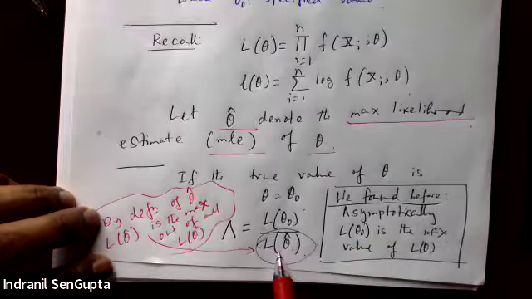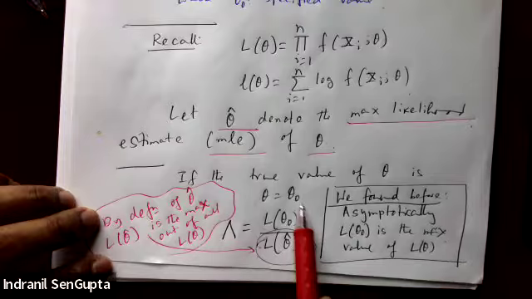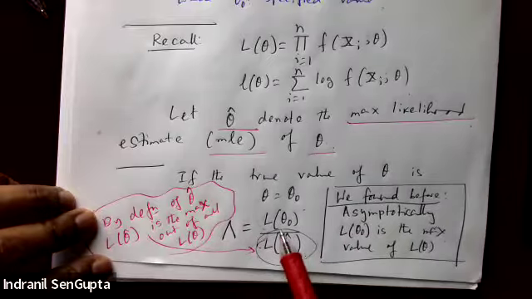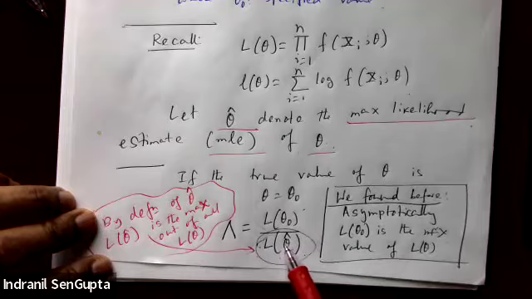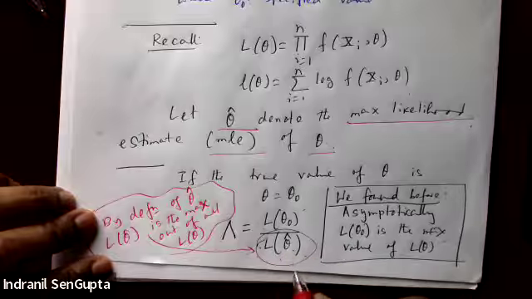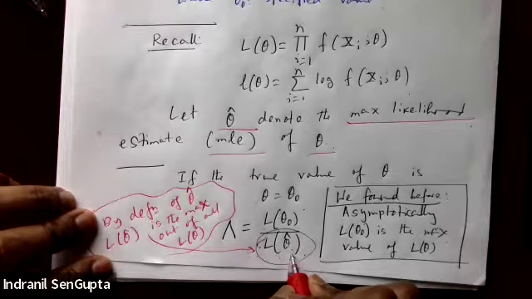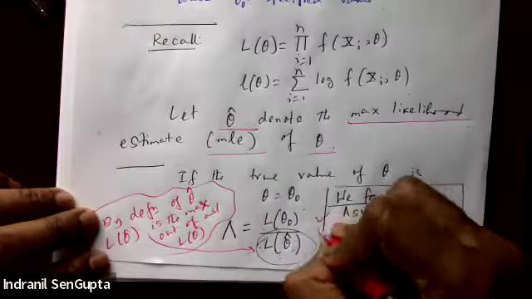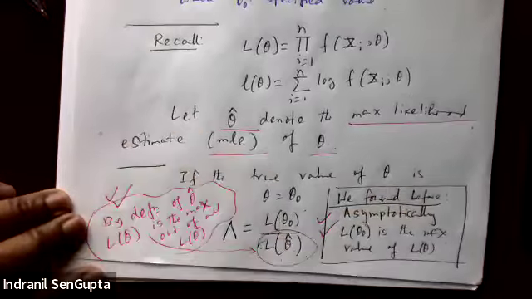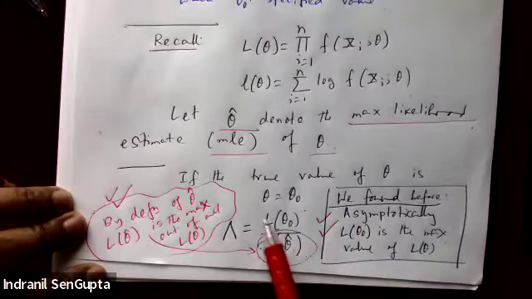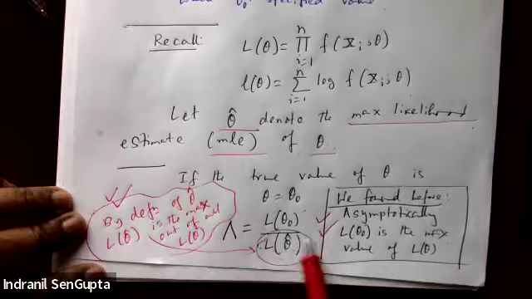This is the max, but asymptotically, L(theta 0) is also the max. So they should match somehow, and if they match, this ratio is very close to 1. So if this ratio is not close to 1, then we reject the null hypothesis, because then this statement and this statement will contradict. This is saying that L(theta 0) is the max, but that is the computed max.